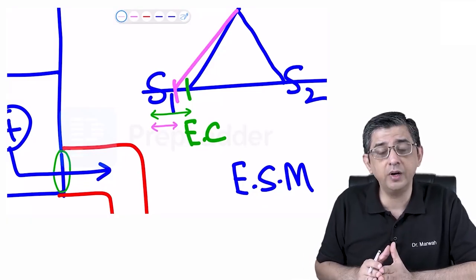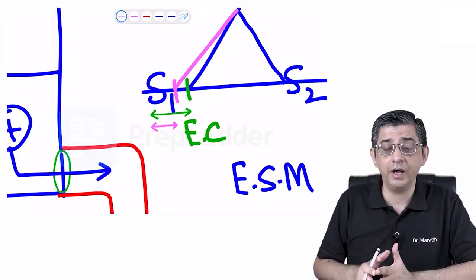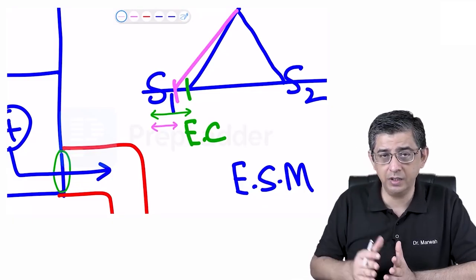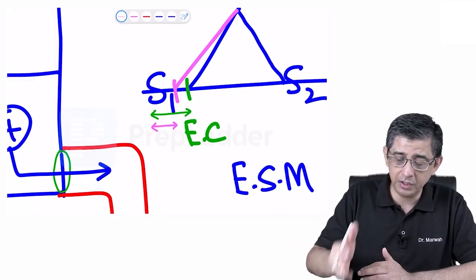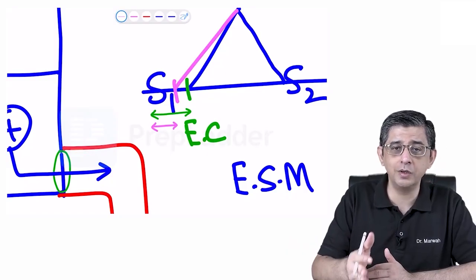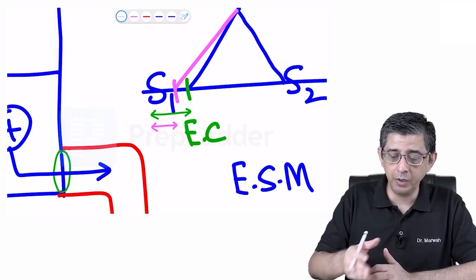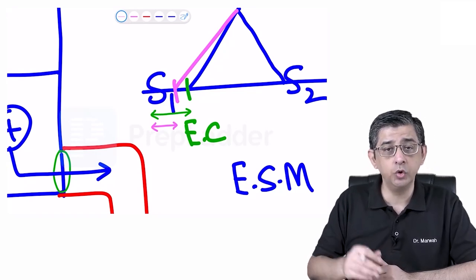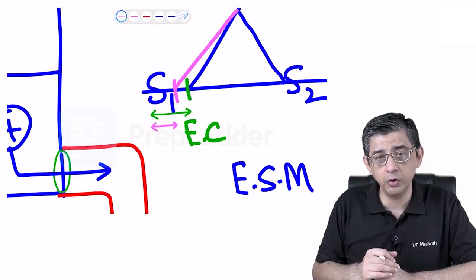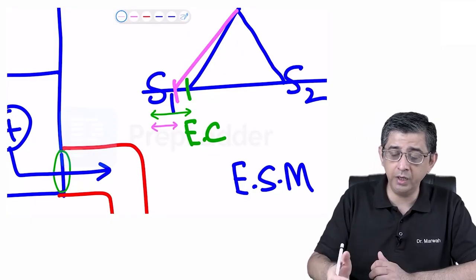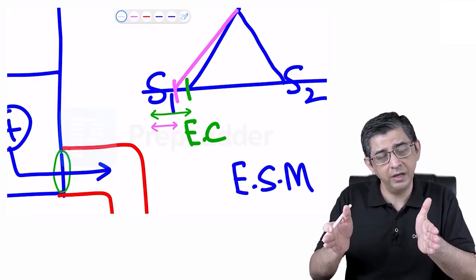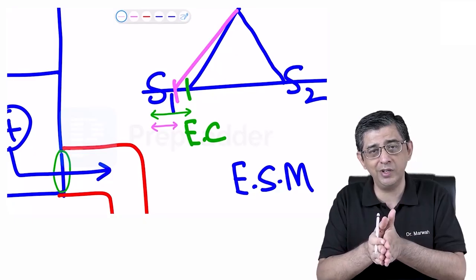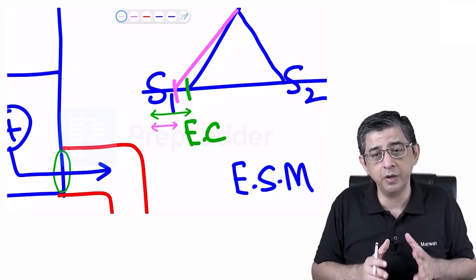So the gap will reduce, and it is no big deal that as the severity increases, let me say in carcinoid syndrome, the 5-HT derivatives are flowing into the right side of the heart, the ejection click will keep on coming closer to S1, and the murmur might be starting even from S1. So you will notice that lots of times when I'm showing an ejection systolic murmur, I am beginning it right from S1, because if it's the severe variety, the gap between S1 and the ejection click keeps on reducing, so that the murmur tends to take off even from S1 as well.